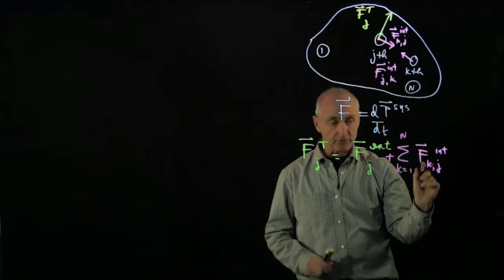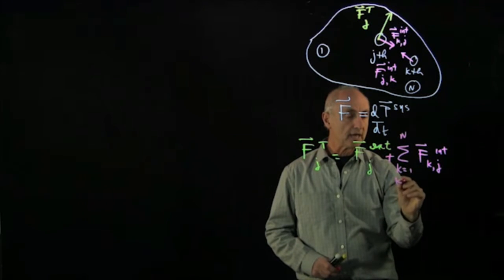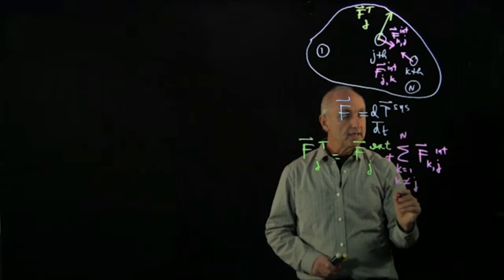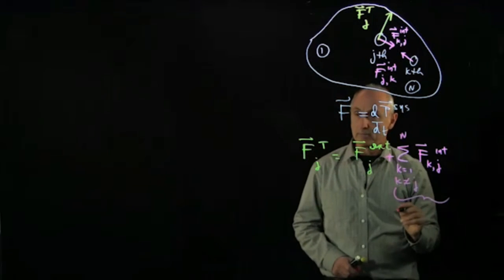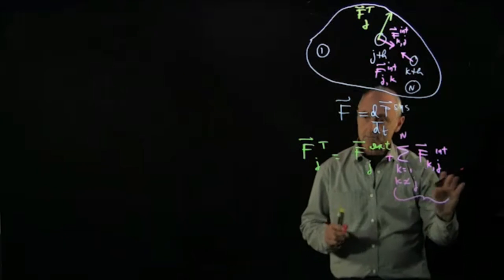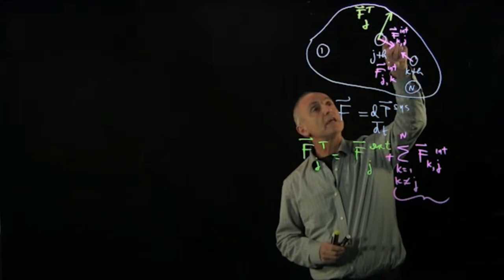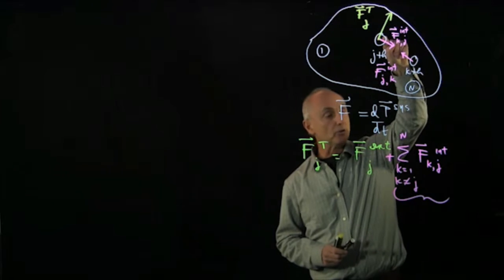And we have to be very careful here that in this sum, k cannot be equal to j. Now, this sum, again, because it's a little bit tricky to understand, is the internal force on the jth particle.